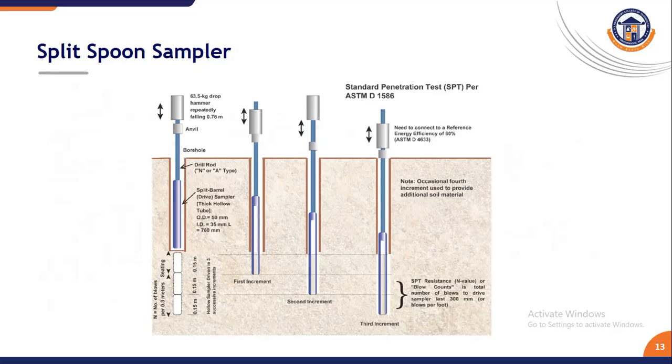Finally, the N value, that is, the standard penetration test value, is counted. Finally, we get the SPT N value using the split spoon sampler test method.